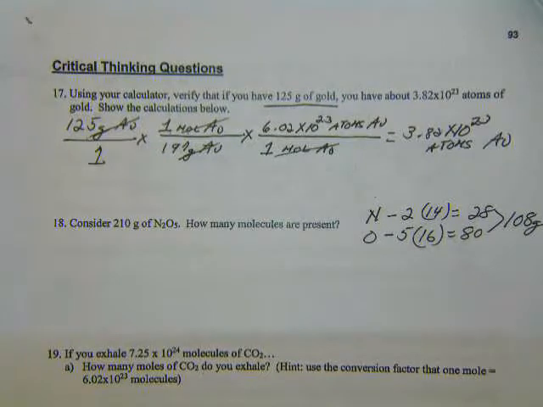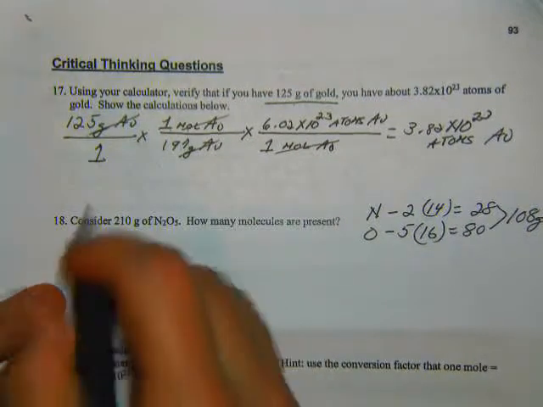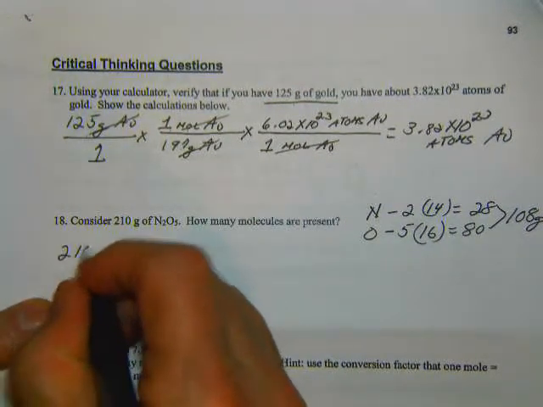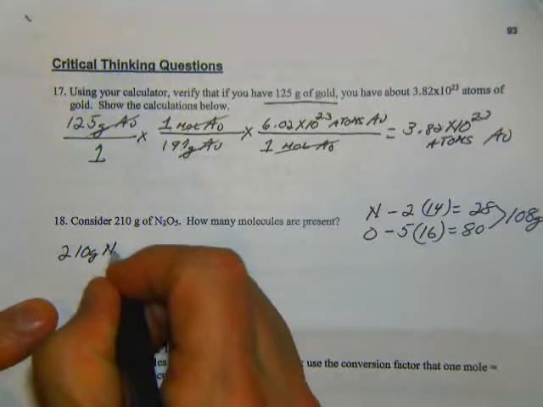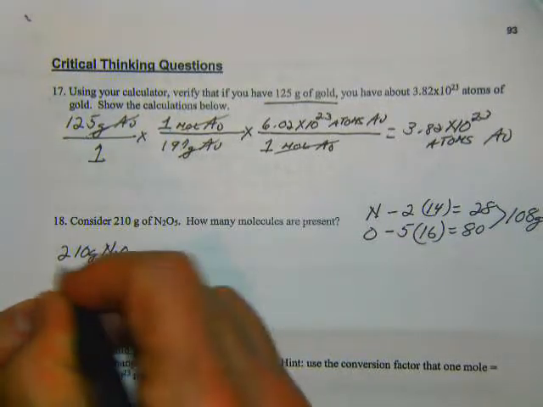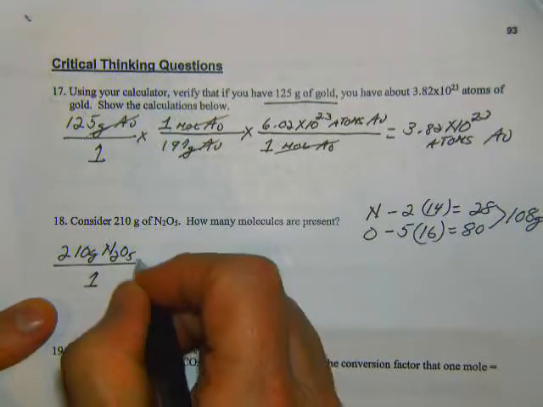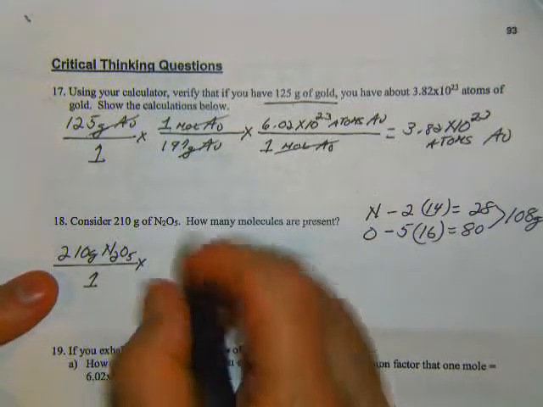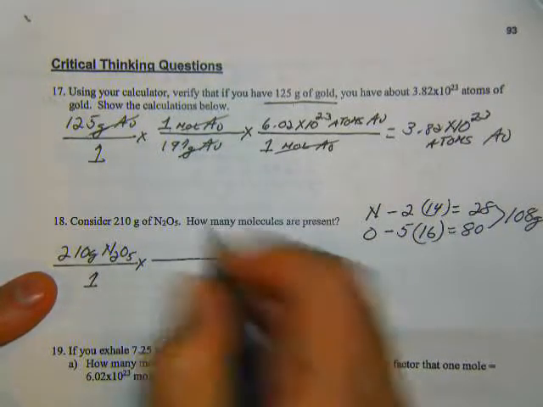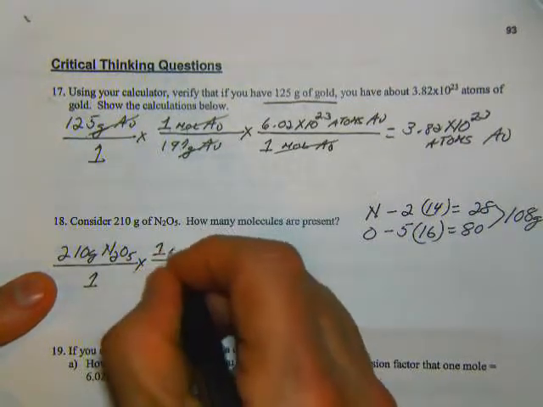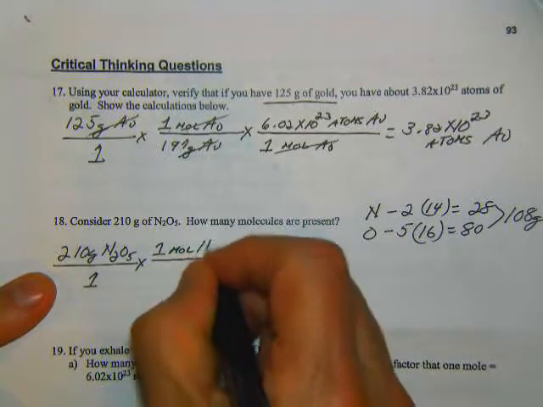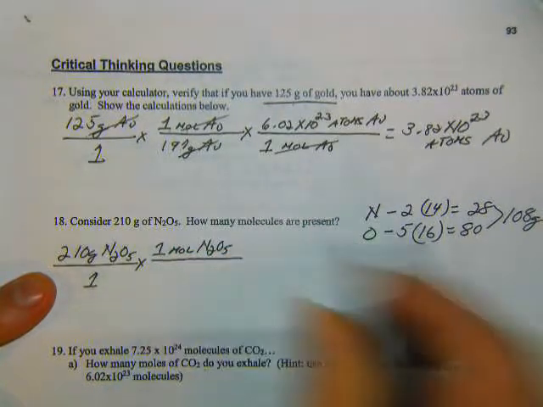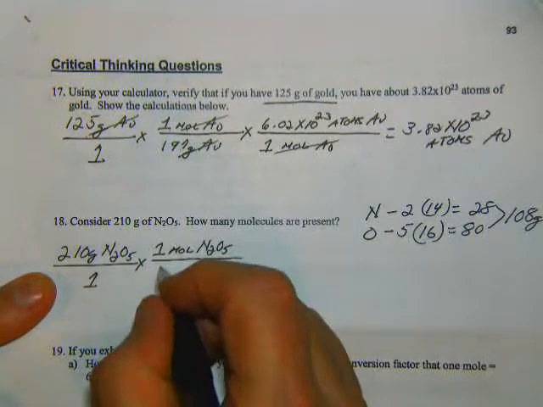Whenever you're given grams, you got to start thinking moles. So we're given 210 grams of N2O5. Now I always like to put things over 1. We got to take this and convert it to moles. We know 1 mole of N2O5 is 108 grams.